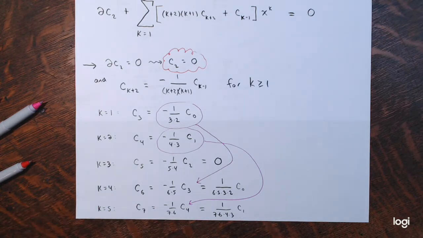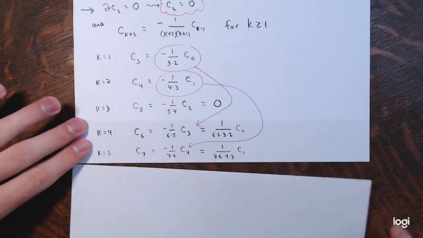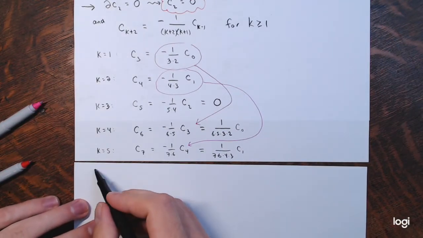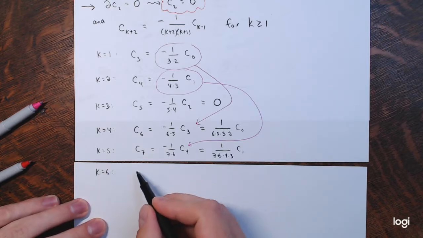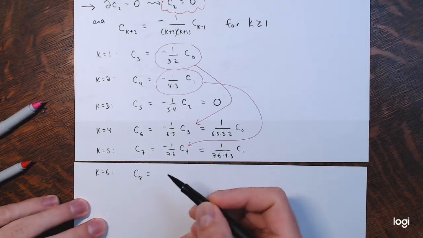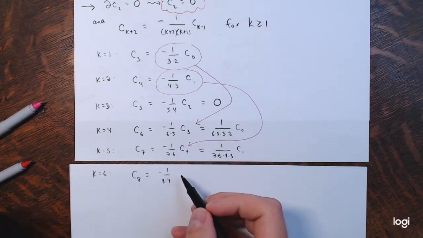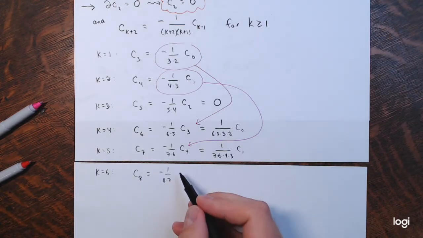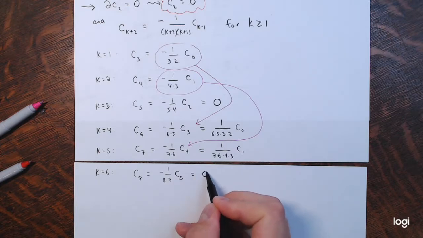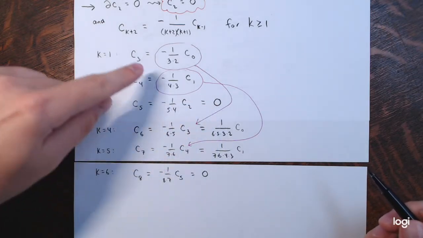All right, so I'm going to go just a few more. I'll get another pair. Now we'll see that when k equals 6, c8 is negative 1 over 8 times 7 times c5, but c5 was 0 because c2 was 0.